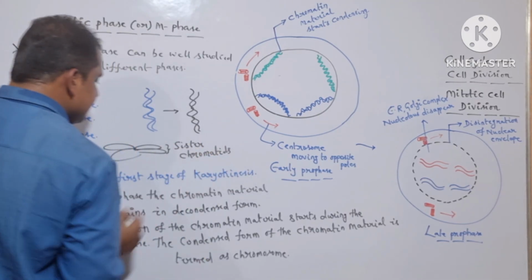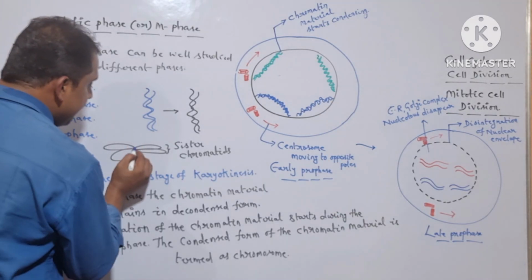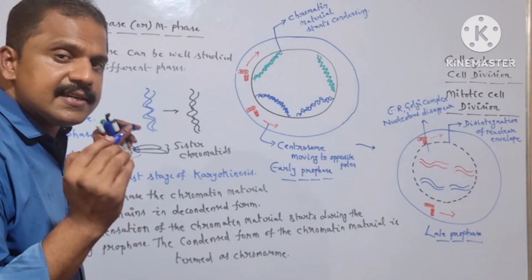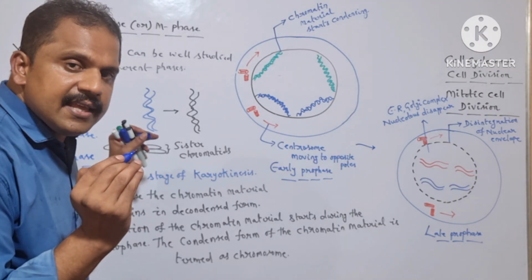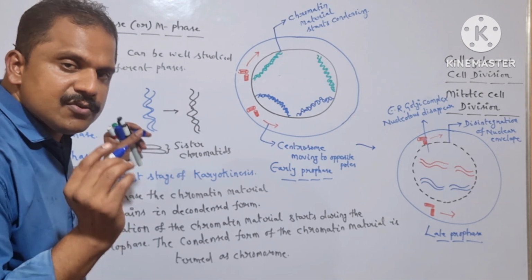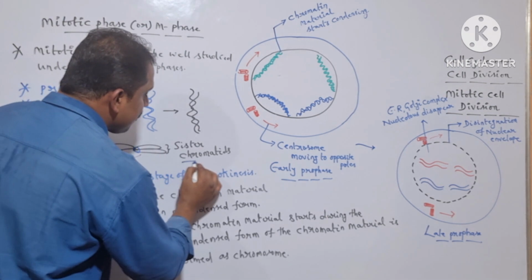These sister chromatids are successfully aligned by taking advantage of a single centromere. Is it clear? These two sister chromatids are successfully aligned by taking advantage of a specific structure termed as centromere. That is the reason why these chromatids are termed as sister chromatids.